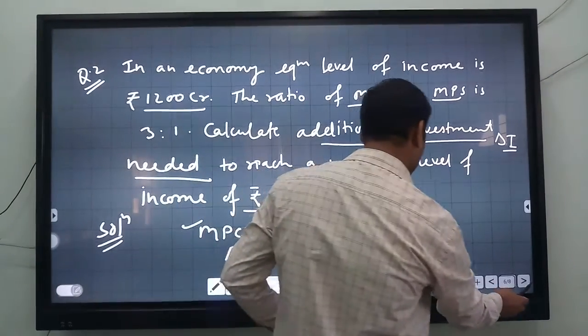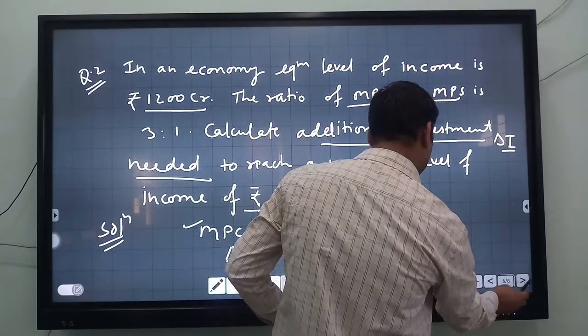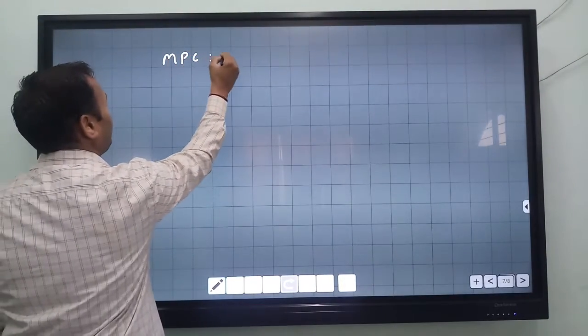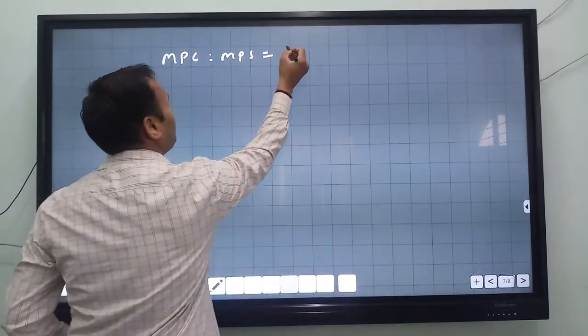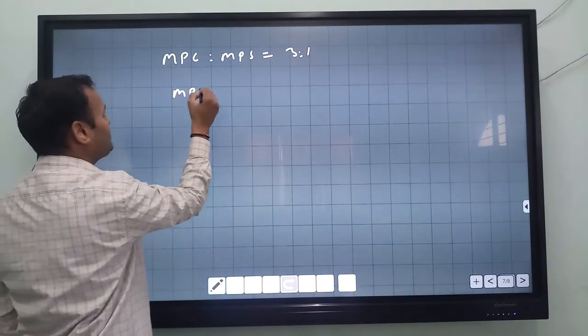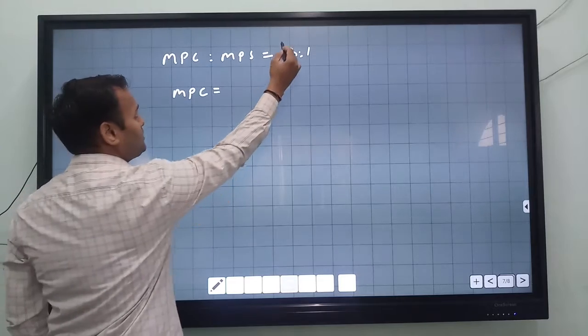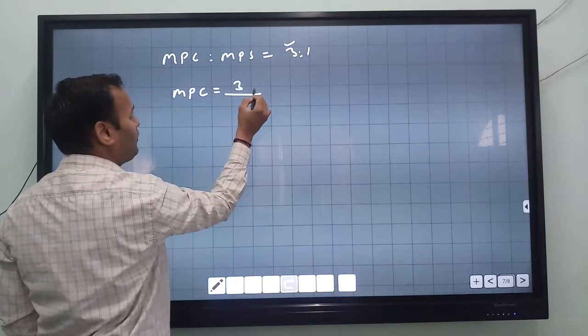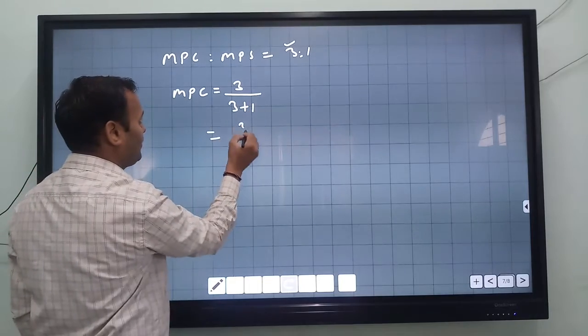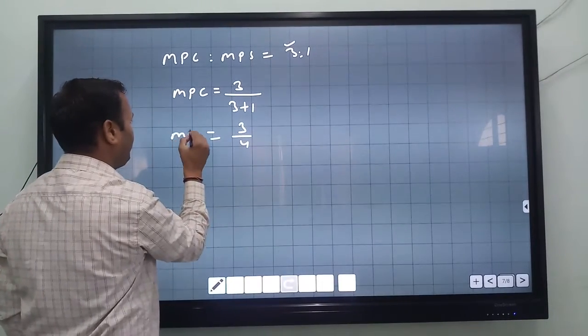Okay. So MPC to MPS is equal to 3:1. So what is the value of MPC? MPC is equal to 3 upon 3 plus 1. Okay, so 3 upon 4. This is the value of MPC.